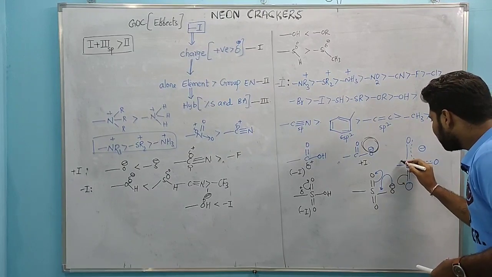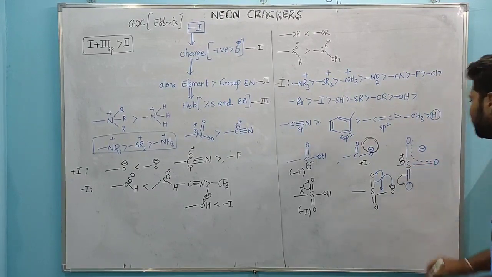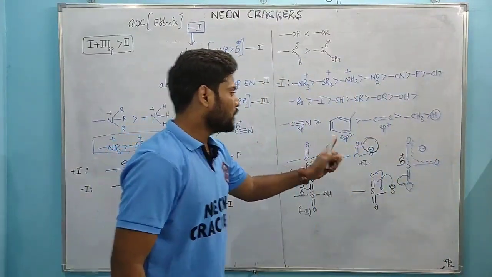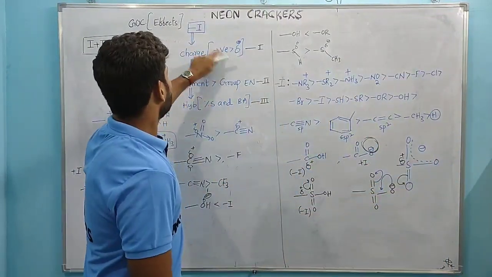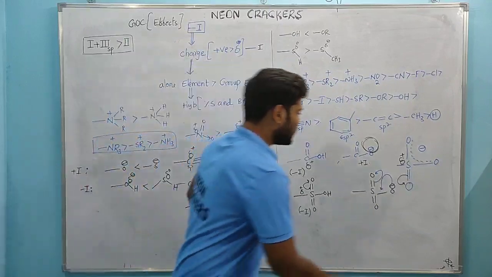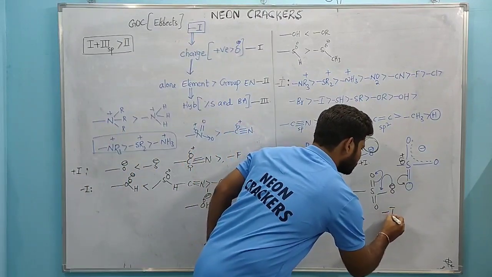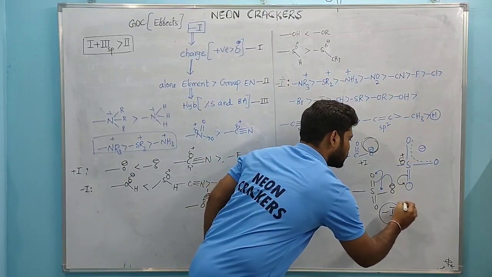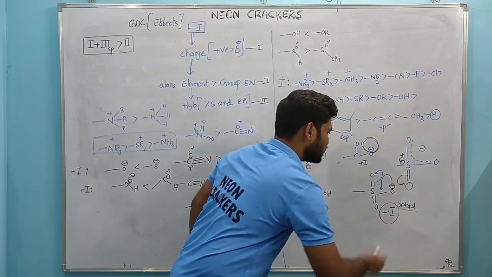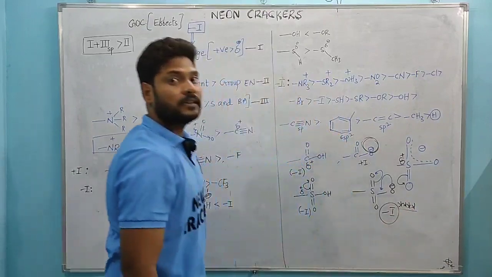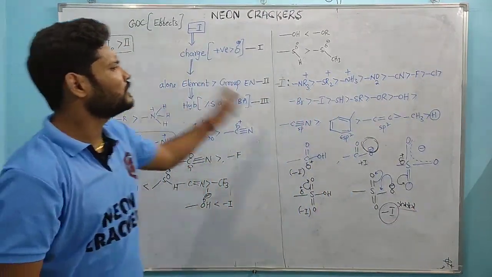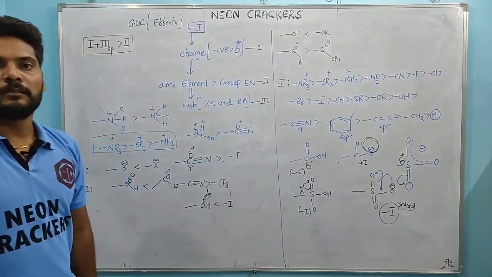What is the charge of sulfur? Partial positive charge. Positive charge favors which one? Minus I. Yes, it is also having minus I. It is not under plus I. I have not given it in plus I. It is under minus I. So this is the overall information about plus I and minus I.